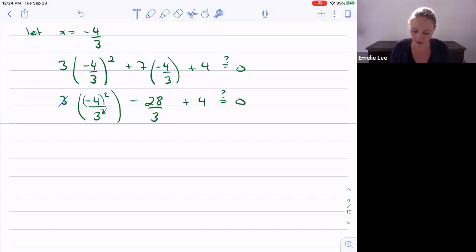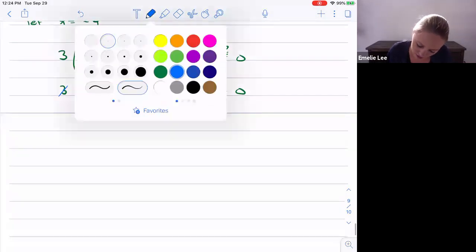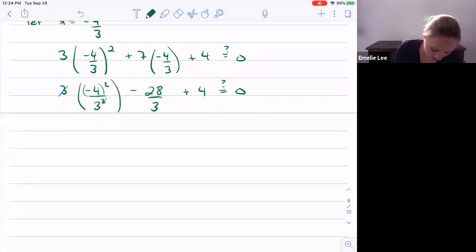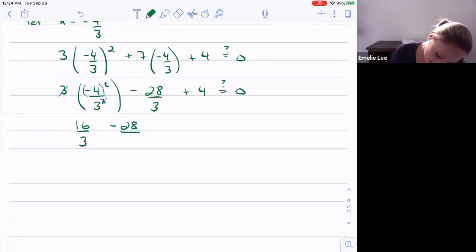So this is still going to be over 3, and this is over 3, and it's going to make life easier if I just put this over 3 as well. So I've got -4 squared is 16 divided by 3 minus 28/3 plus 4 times 3/3.